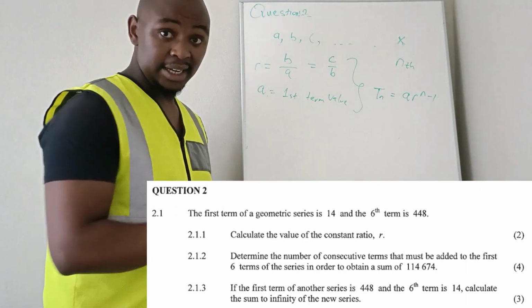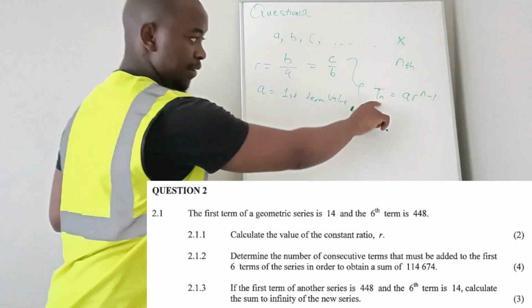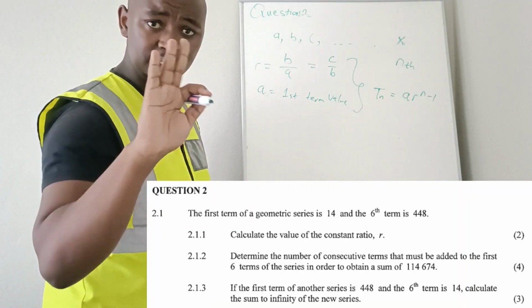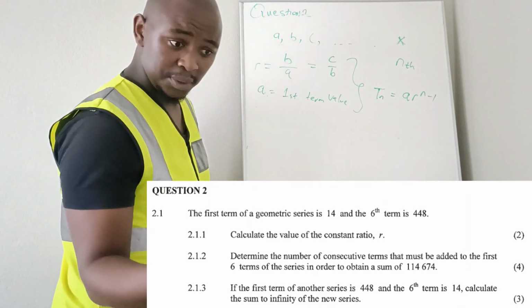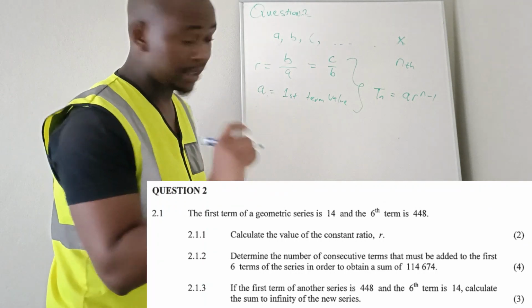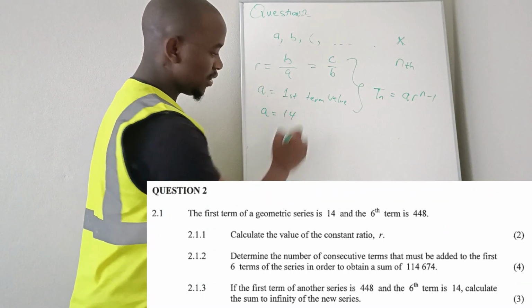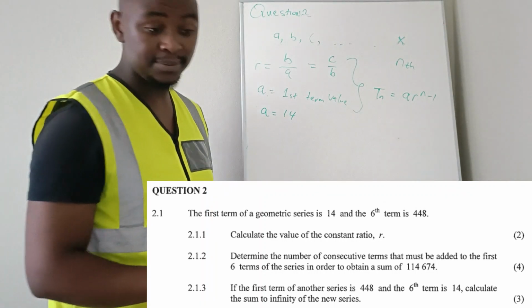So as I've just described to you, we have this equation, and we are told three things. The first term of the geometric series, so a, is equal to 14, as written in the statement.